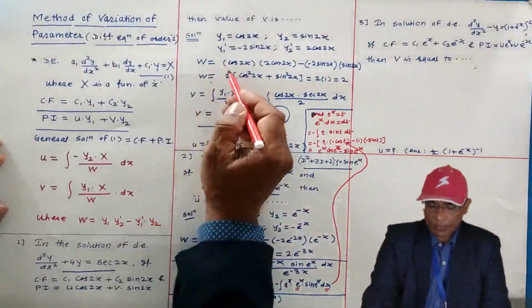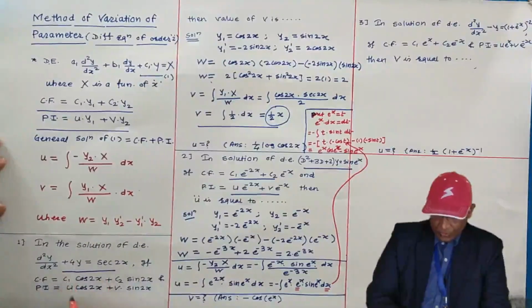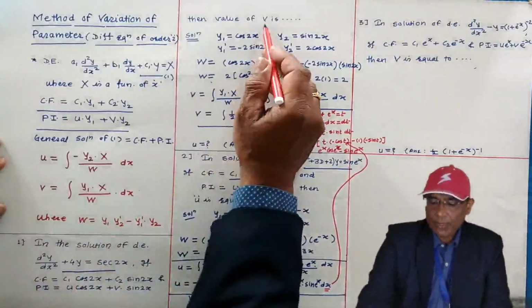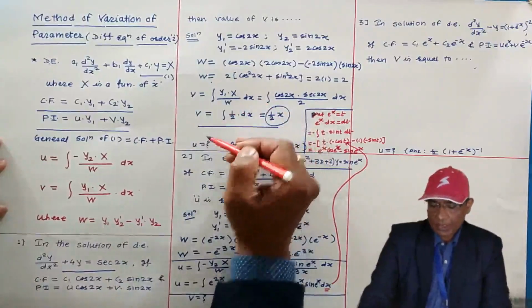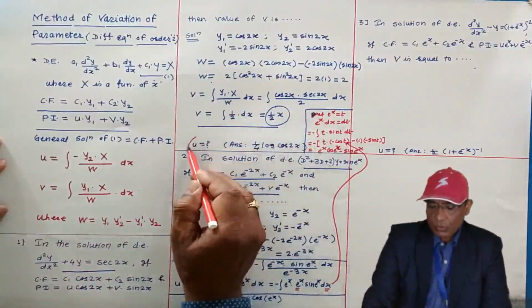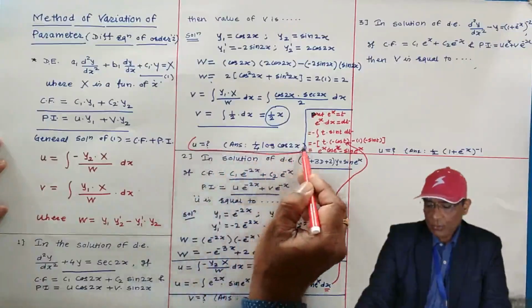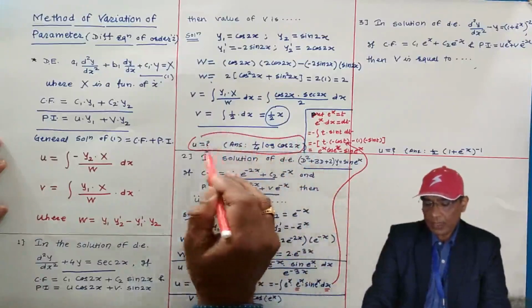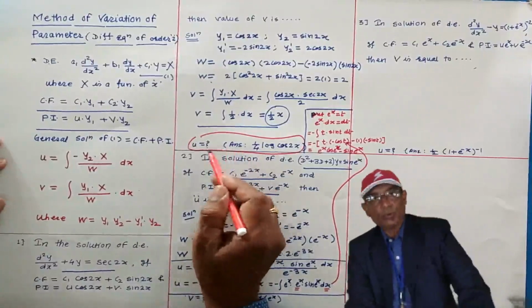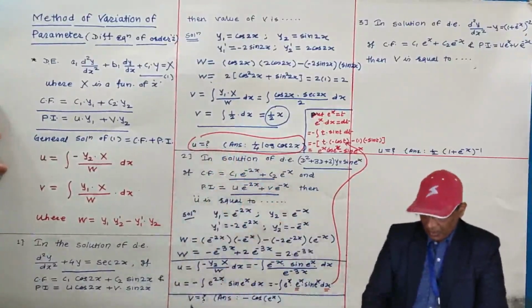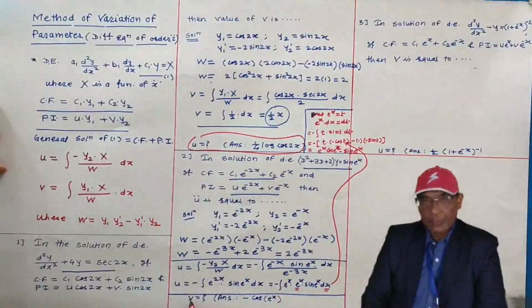Here also in this problem, we have been asked to find out value of v. U is not asked, but u may be asked in the examination. The value of u question mark and value of u will be this. Okay, so you have to find out the value of u. This is for your homework. U I found and v for you.